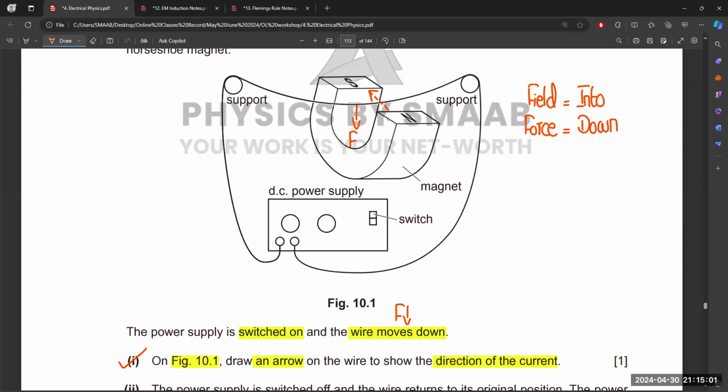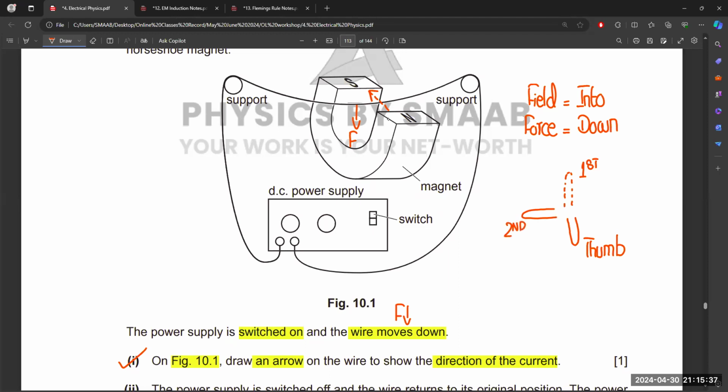So you have to place your first finger into the paper, and your thumb in the downward direction, right? First finger into the paper and thumb in the downward direction. So your second finger will point in this direction.